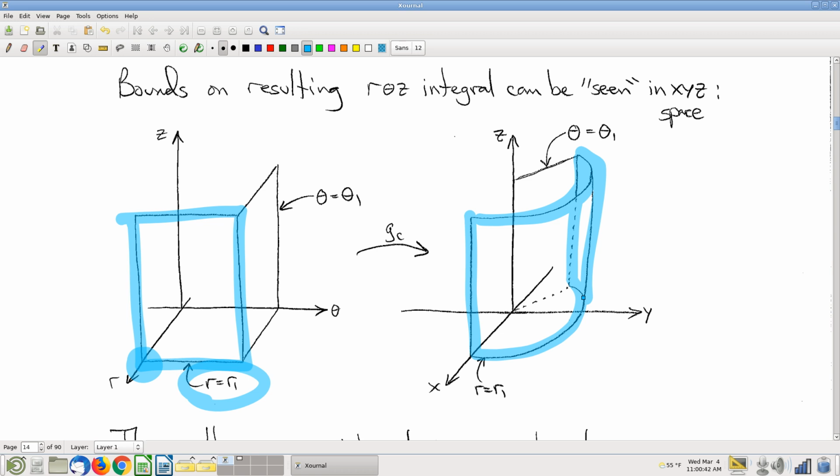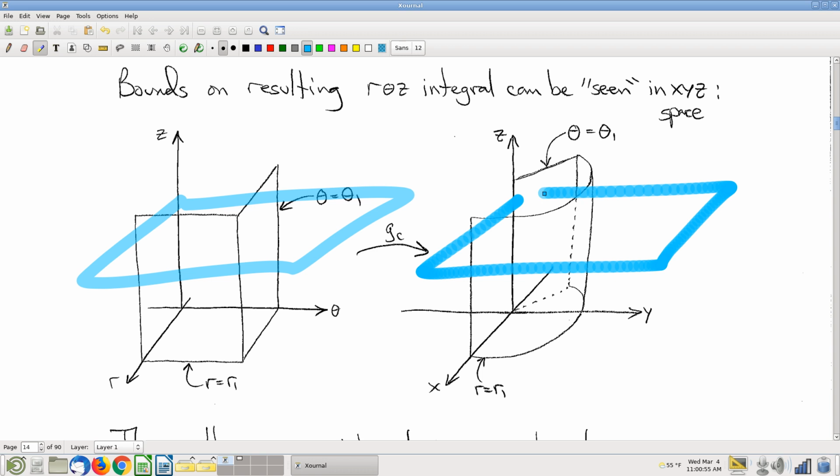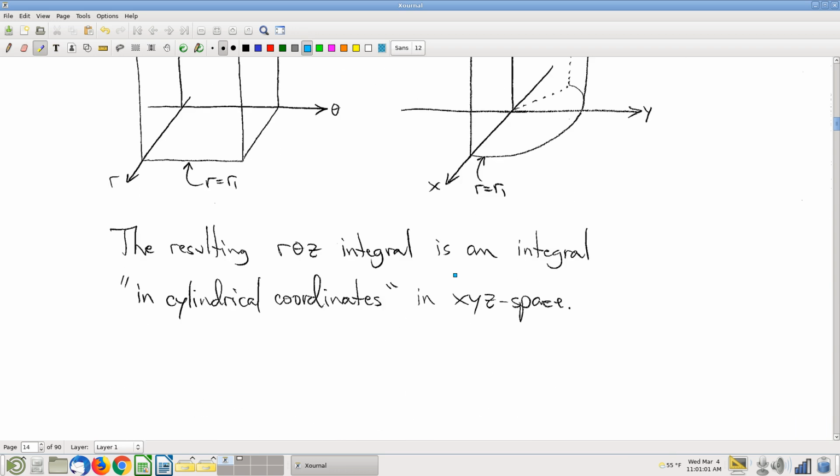So a little weird. It's a slice that's not flat. Weird, but nevertheless, that's what it looks like. And then what does a Z slice look like? Well, there's really no surprise there. Z is, after all, still Z, so the Z slices look like Z slices, and that's easy.